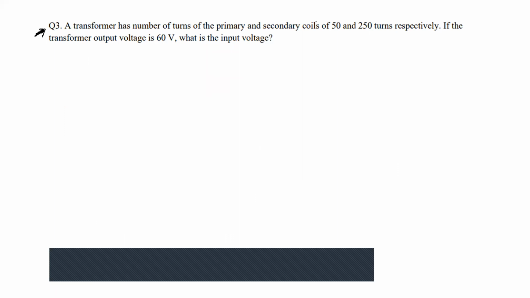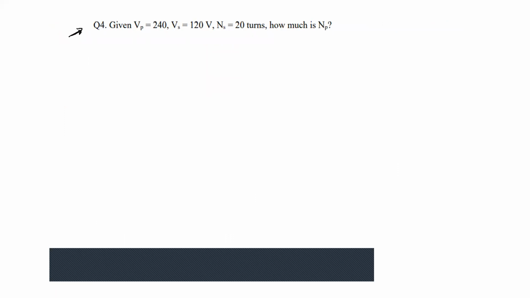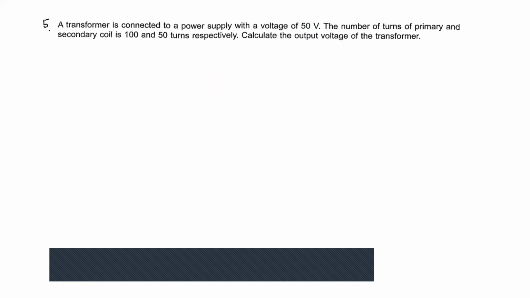Okay, you can copy this and jot down. Then question 4, copy this: info, formula, substitute, calculator. Question 5, also the same thing: info, formula, substitute, then solve it by calculator.